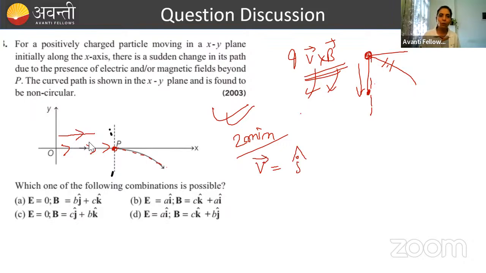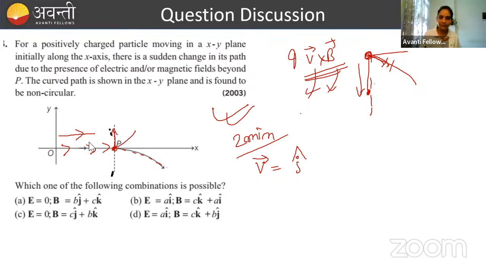Now just by looking at the trajectory, try to know in which direction the magnetic force will act at point P. At point P its trajectory has curved like this. If it were curving this way, then at point P the force must be acting somewhere in this direction.